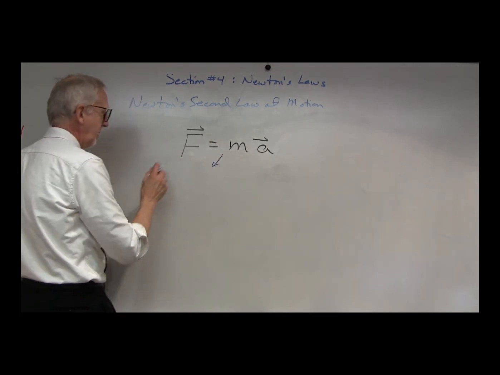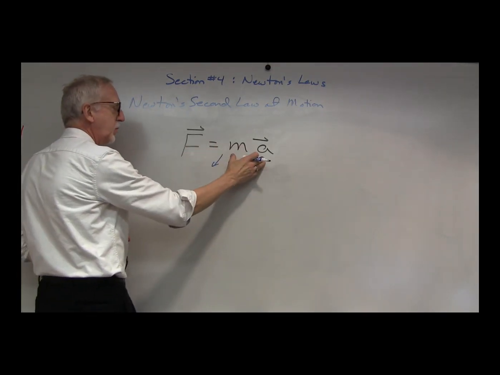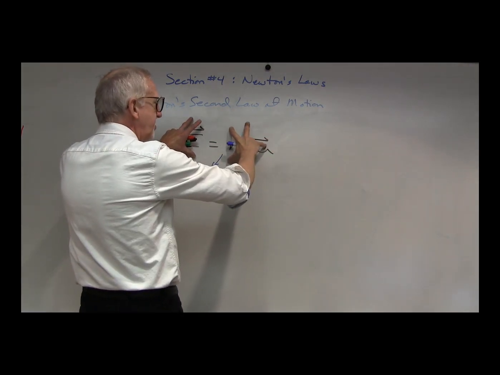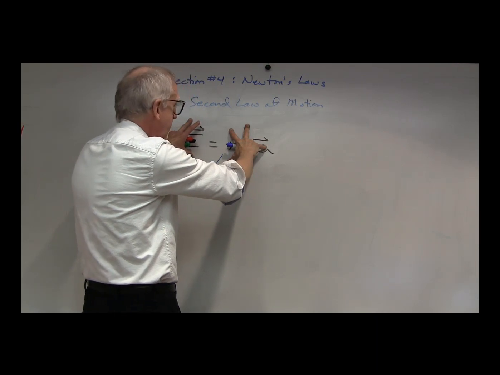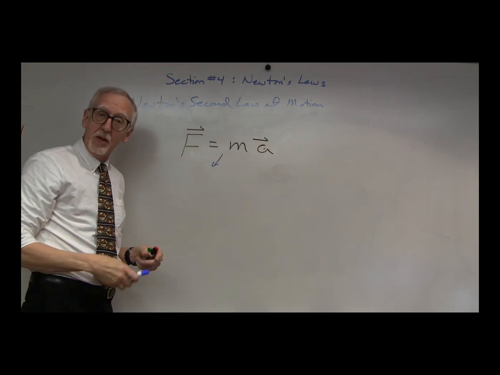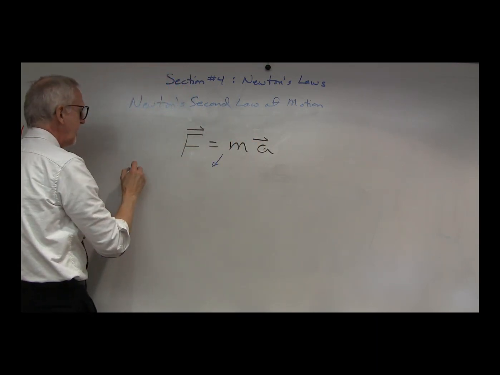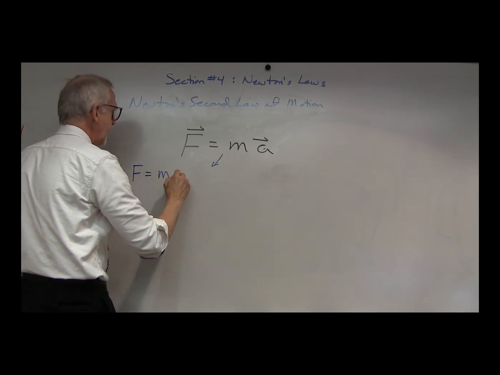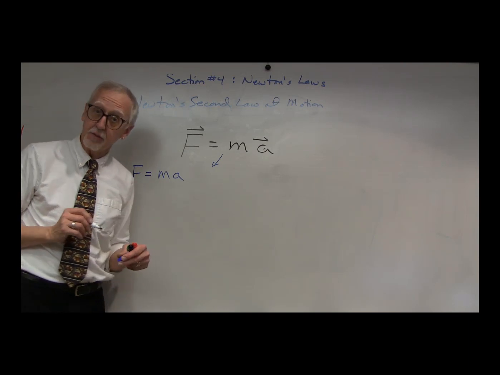So what does that mean? The magnitude of this side must equal the magnitude of this side. In other words, this is a vector and this side is a vector. Those two vectors are equal to each other. And if they're equal, they must have equal magnitudes. So that means that the magnitude of the net force must equal the mass times the magnitude of the acceleration.